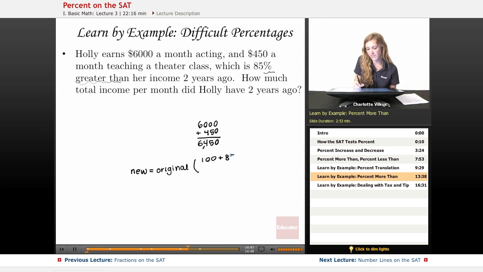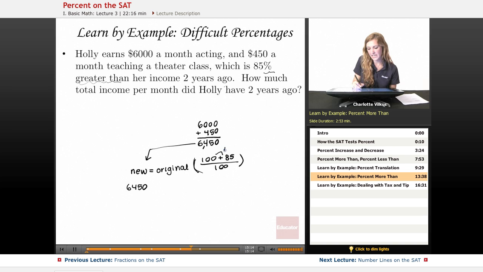So now we have 85% greater than all over 100. And our new amount we have. So given that, the only unknown that we have is the original amount, which happens to be what we're looking for. So we would just plug in 6,450 here, and then we could take this and invert it.